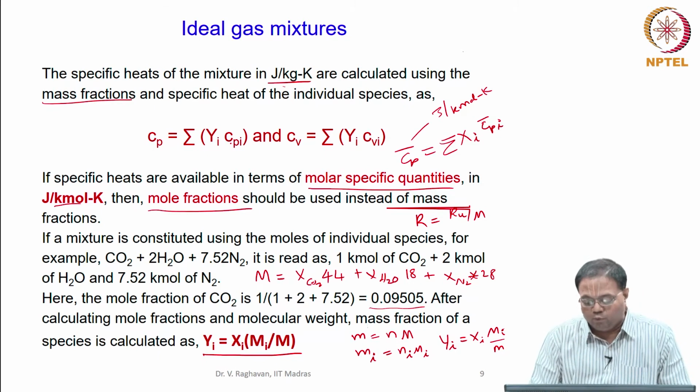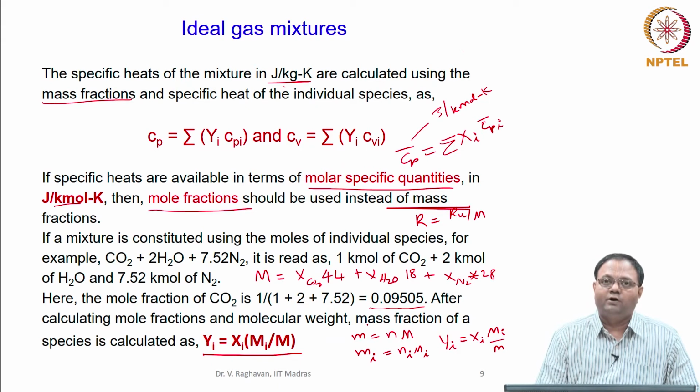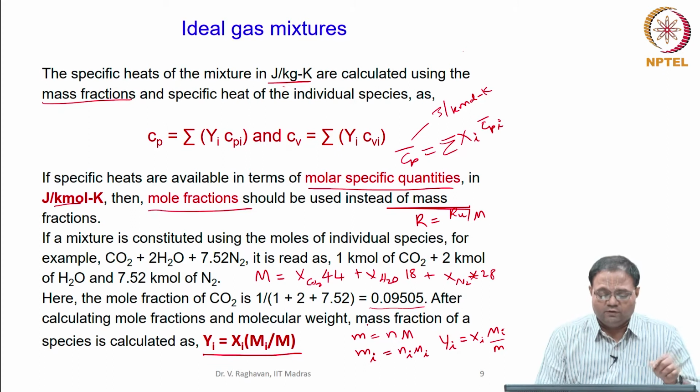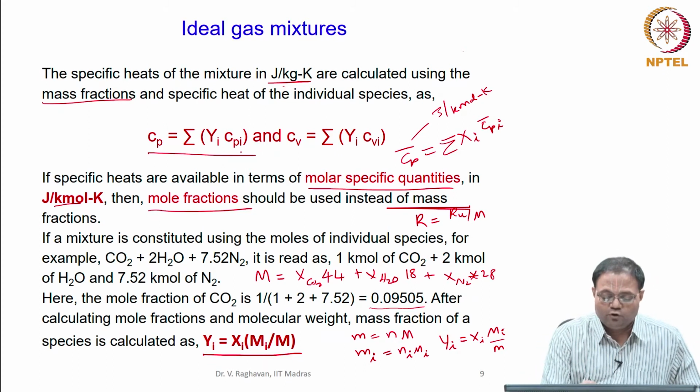Now, you have calculated the mole fractions and the molecular weight of the mixture, so mass fractions can be calculated. If you have Cp's on a mass basis, then you can use this equation and substitute the Cp's of the individual components.